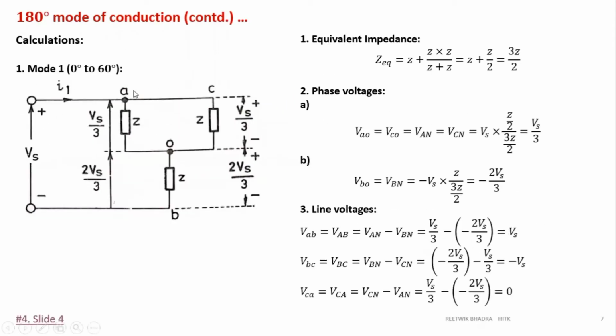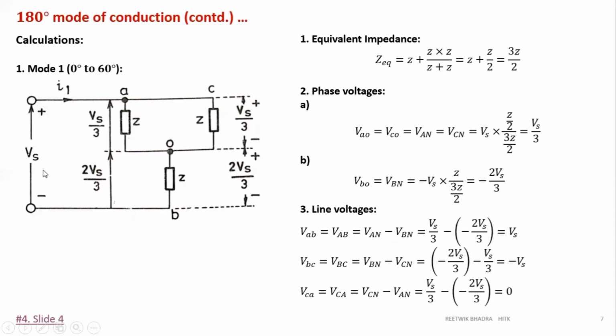See over here, A positive, C positive from S1 and S5, and using S6 is my B negative. My star connected load will all be connected at this point.